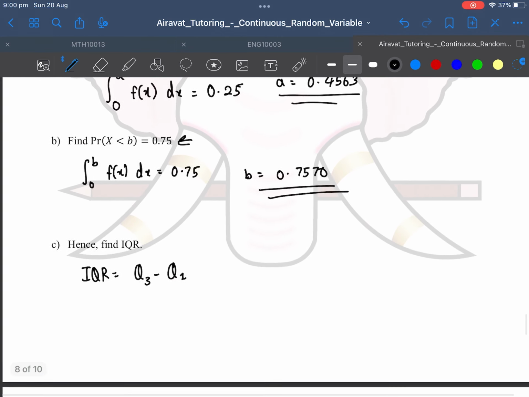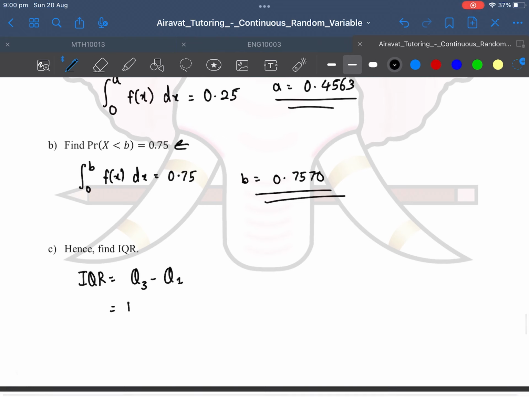So we just have to do q3 minus q1, so b minus a, which is going to be 0.7570 minus 0.4563, which is going to be equals to 0.3007, and that's going to be your answer.